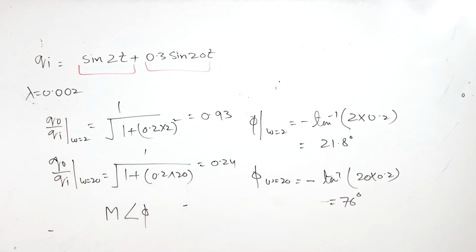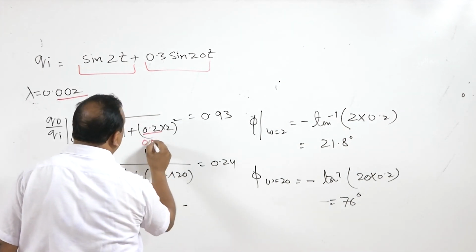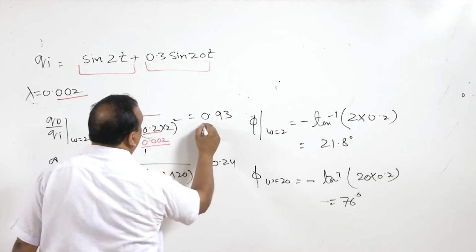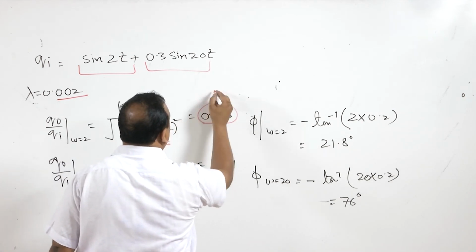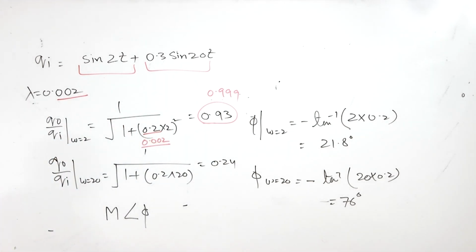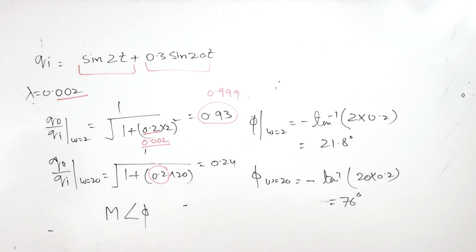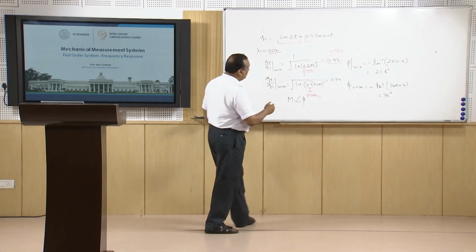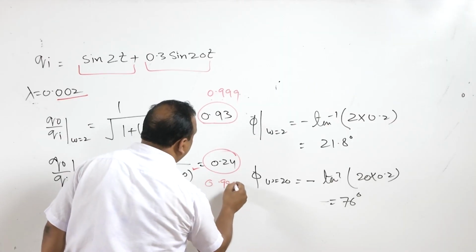The amplitude ratio will become 0.999. Here also, if I replace lambda by 0.002, we are getting 0.999.